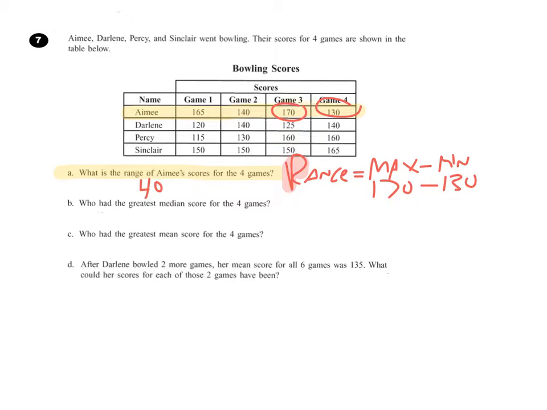To find the answers to B and C, I'm going to use my calculator. Who had the greatest median score, who had the greatest mean score for the 4 games. So what I'm going to do is enter each girl's scores into a list in my calculator. Now you have to be careful when you do this.